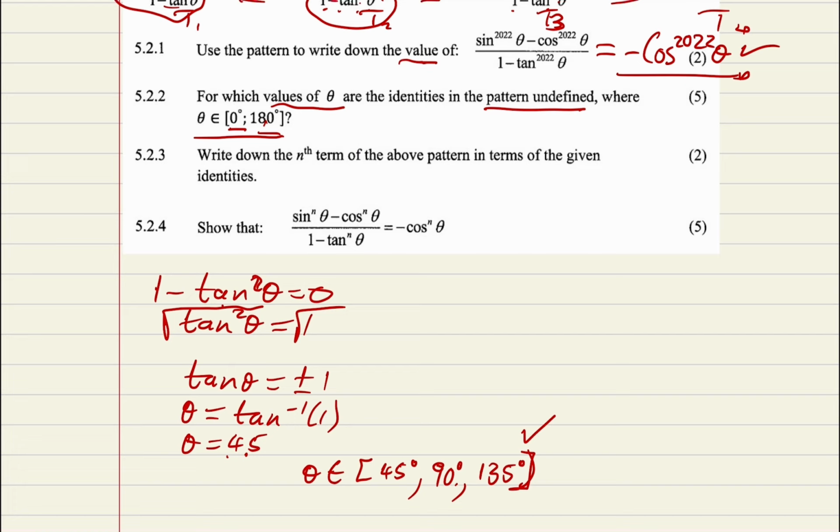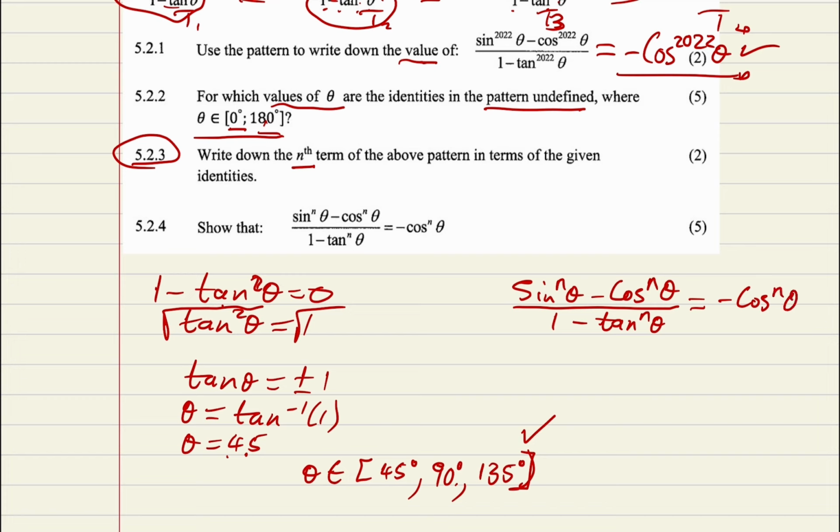Okay, so now let's continue with number 3. On number 3, they said write down the nth term. I think that one is very simple, because it will say sine of n theta minus cos of n theta, all divided by 1 minus tan of n theta, is equal to negative cos of n theta.